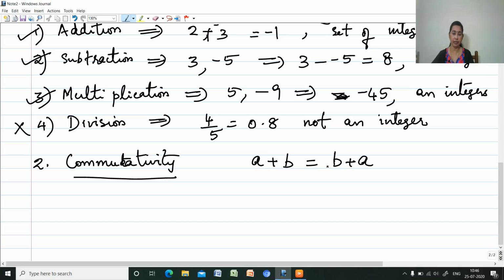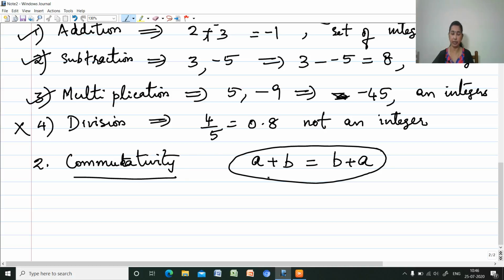That is, A plus B will be the same as B plus A. So in order to check commutativity, we have to check whether A plus B is equal to B plus A or not. If this condition is satisfied, we can say that the commutative law is satisfied.